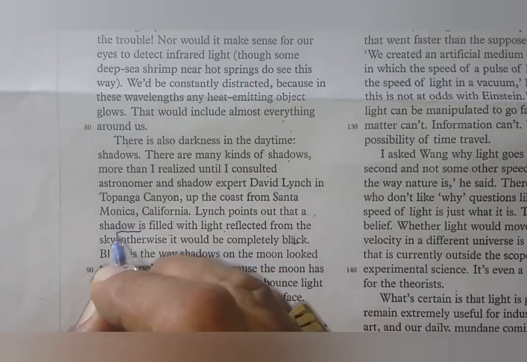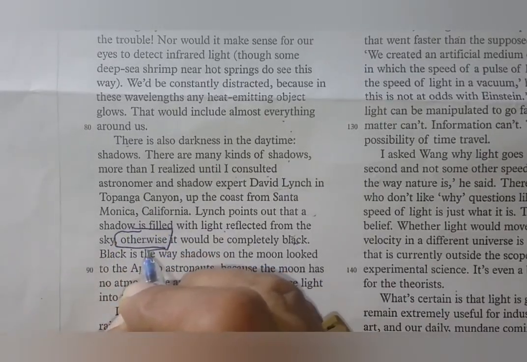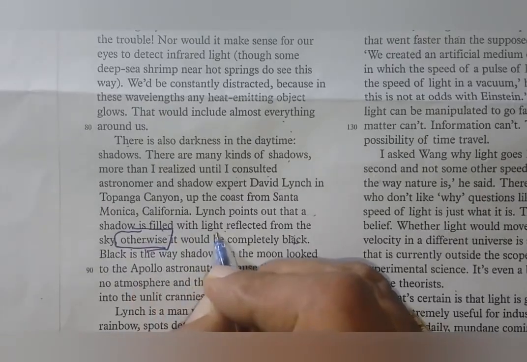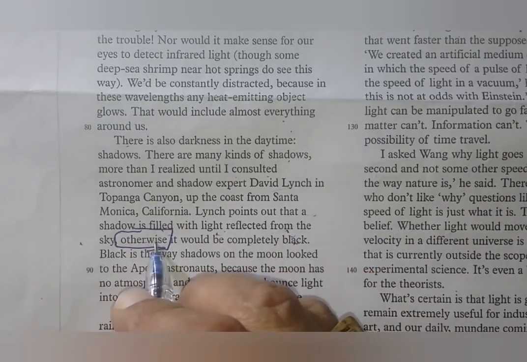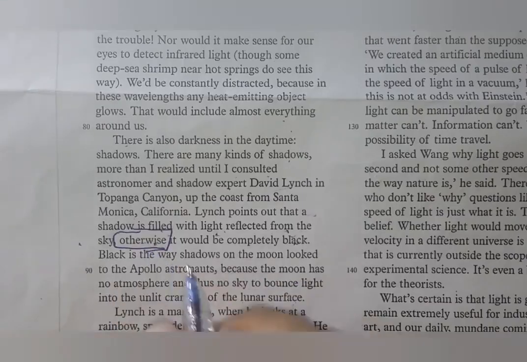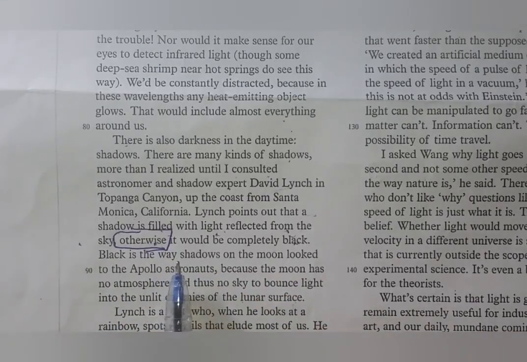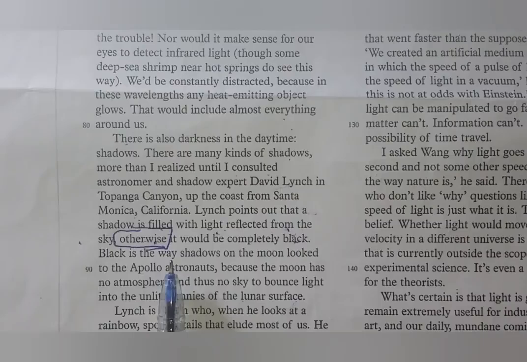Otherwise, connector, filled with light reflected from the sky. Otherwise, it means that a shadow is filled. It's filled with light, due to light reflected from the sky. So what is the atmosphere here?